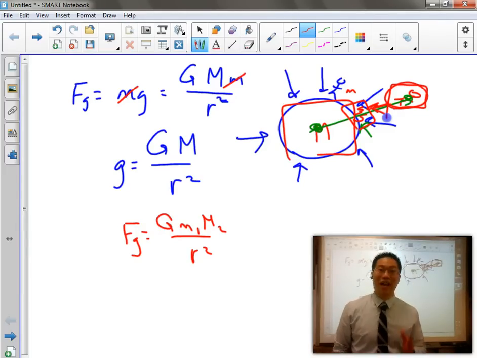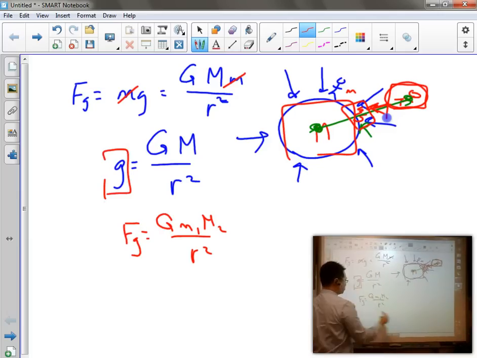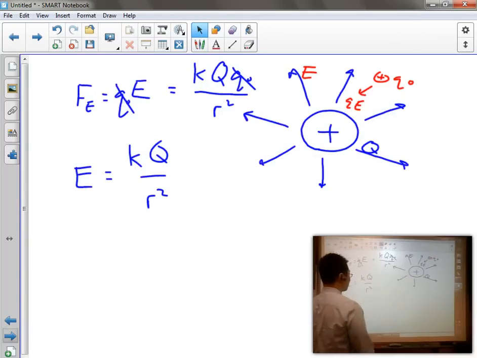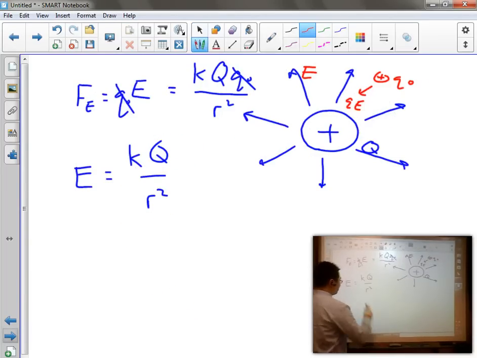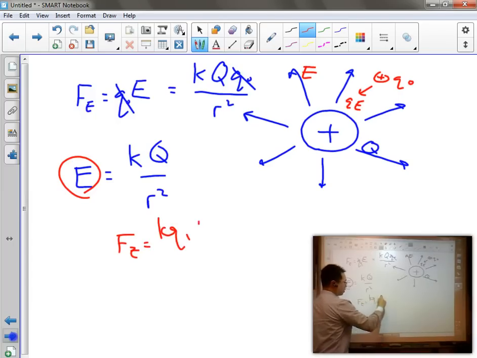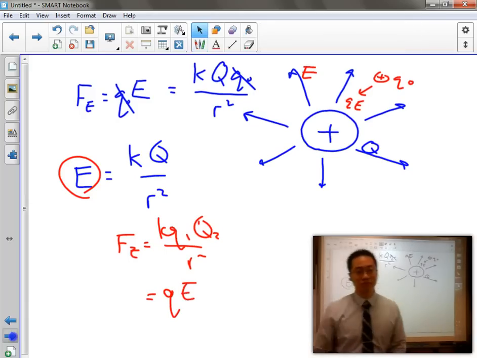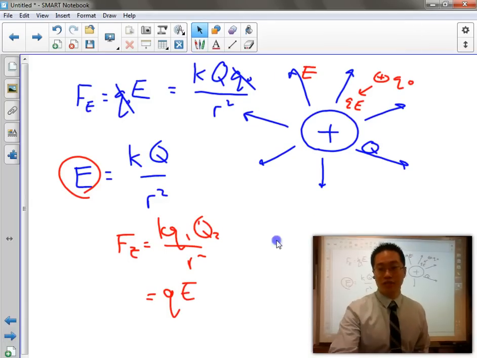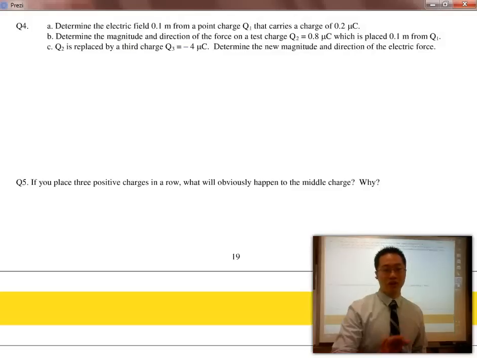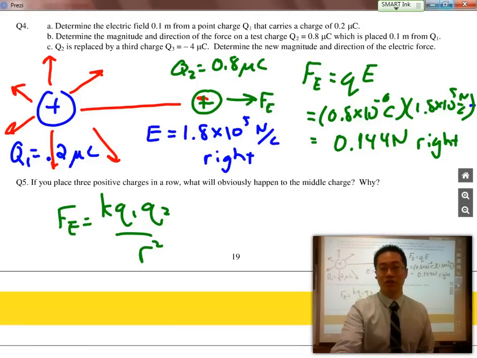But it's tedious. If I happen to have the gravitational field already, if I happen to have the value of g, it's much easier to just use mg. And just like with the charges, okay, if I happen to have the value of E already, rather than using K Q1 Q2 over R squared, I could simply use QE. Especially since we're going to be dealing with slightly more complicated questions now.